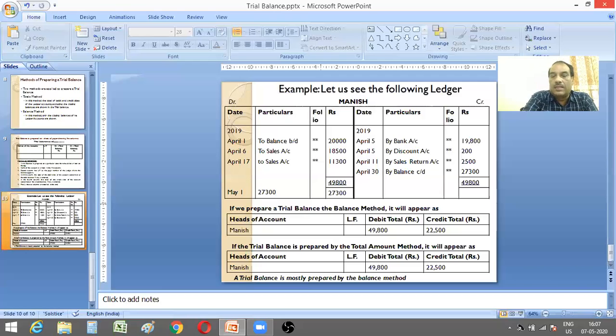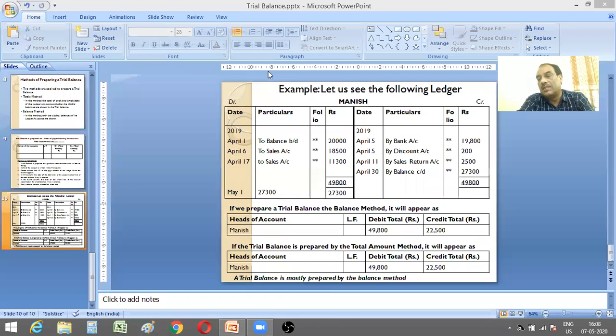The second is preparation of trial balance by the total amount method. So here we will write the name of Manish because it is Manish's account. Then write all his transactions and the total of those transactions. So the total of all debits is 49,800.